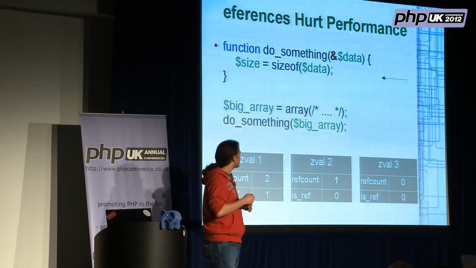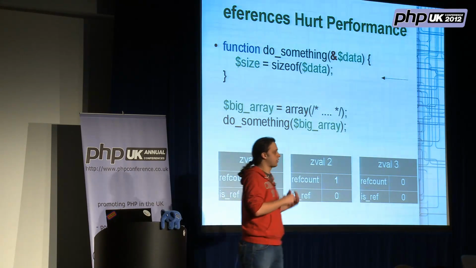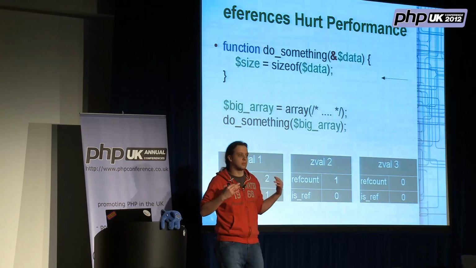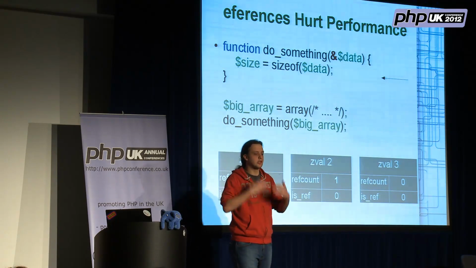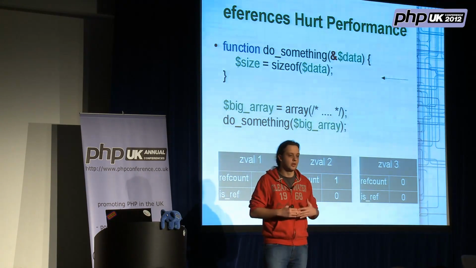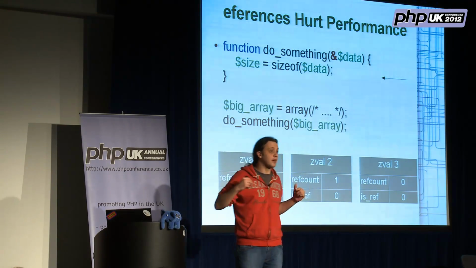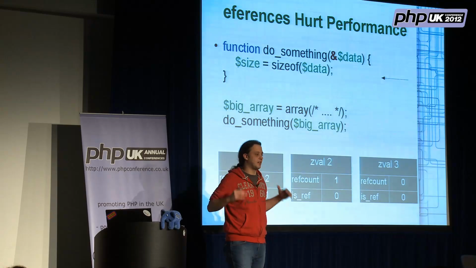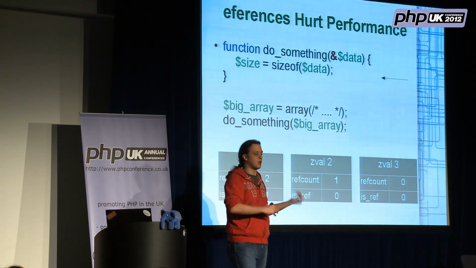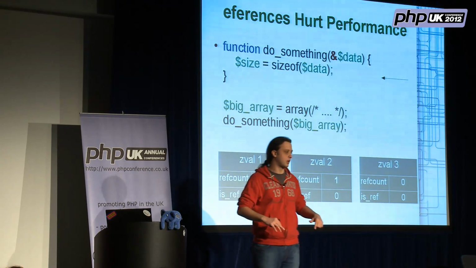Okay, so by introducing this reference, which some people do for purposes of doing an optimization of the code, thinking, oh, I don't need a copy, I do a reference, what usually happens is that you create additional copies, which hurts your performance.